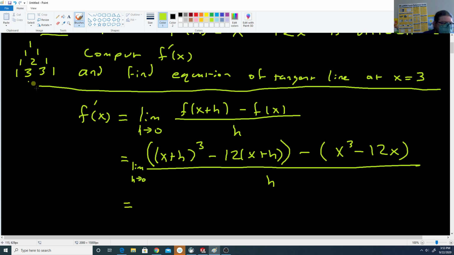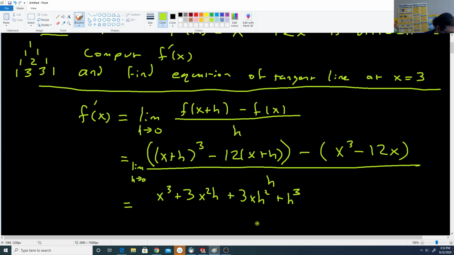So I'll get 1 for x cubed, plus 3x squared h, plus 3xh squared, plus, back to 1 here, so it's 1, 3, 3, 1, and the 1 is h cubed.